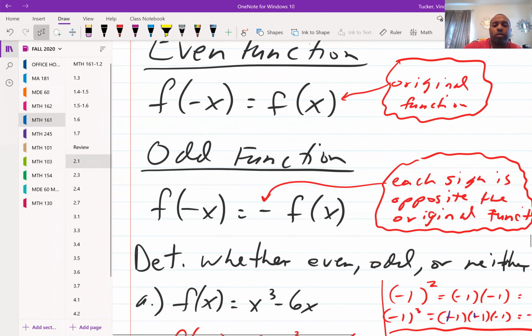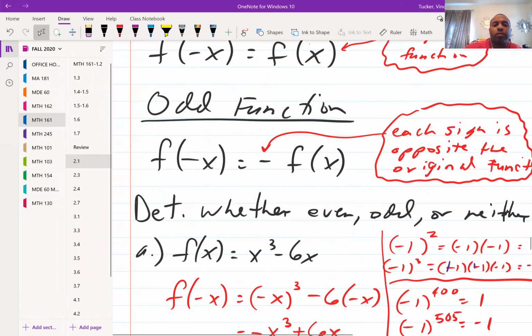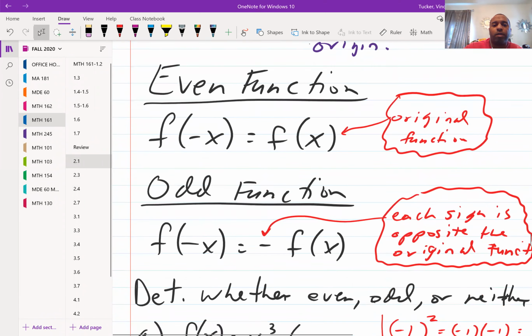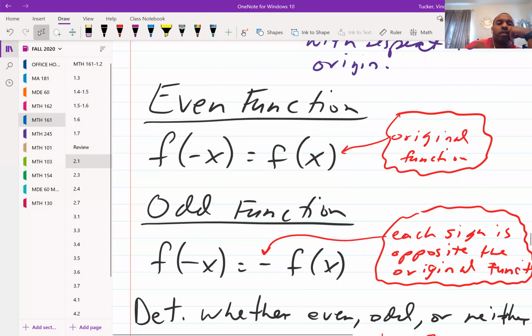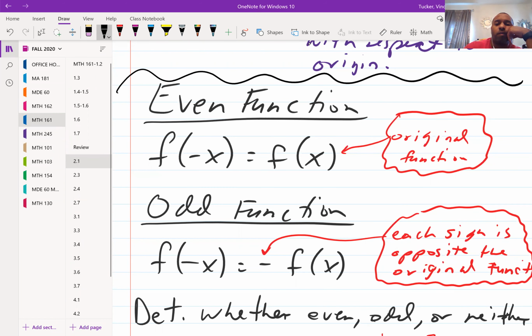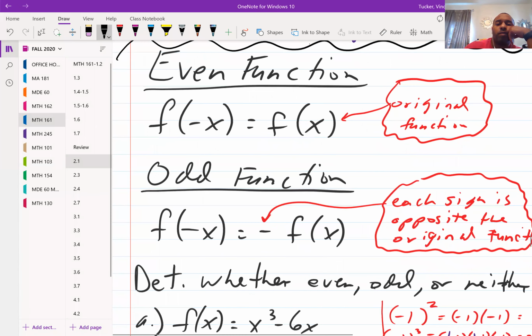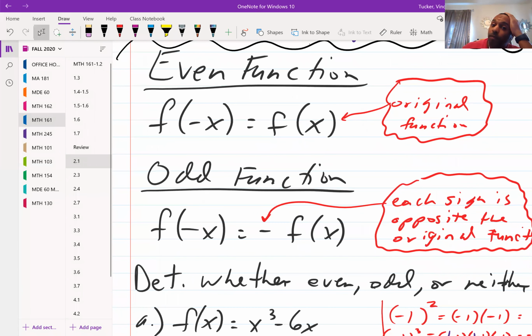All right. So last thing for today, we'll look at these even functions and odd functions. They kind of flow with the same thing that we just finished doing. And then we'll stop here in 2.2. So if you want to determine if you have an even function, you'll take negative x and plug it into your function. If it gives you your original function, then it is even.